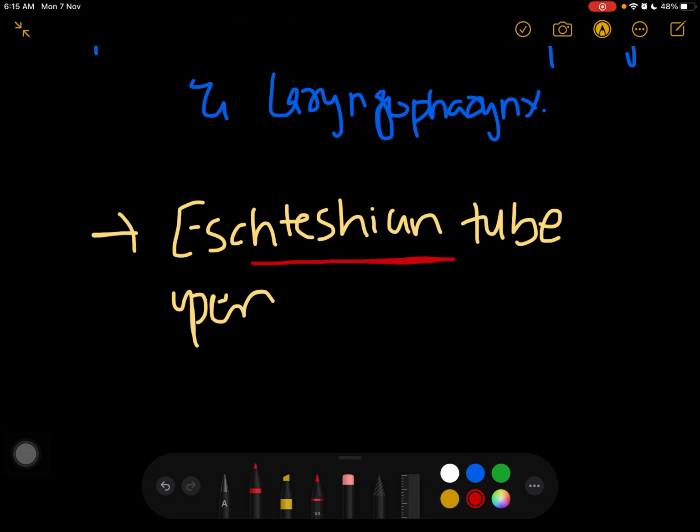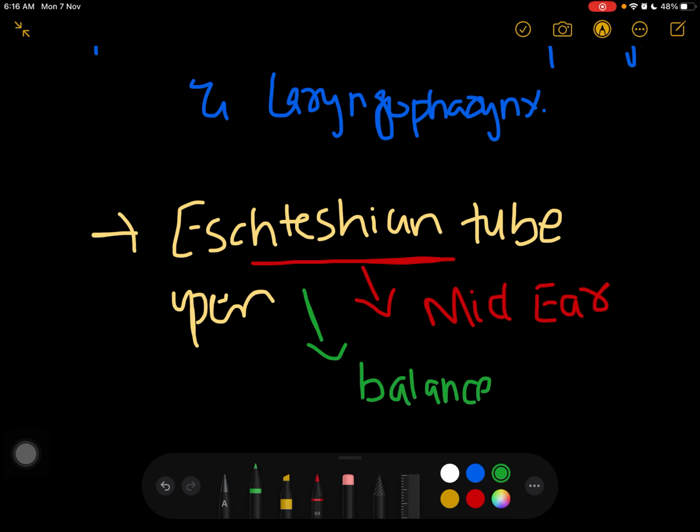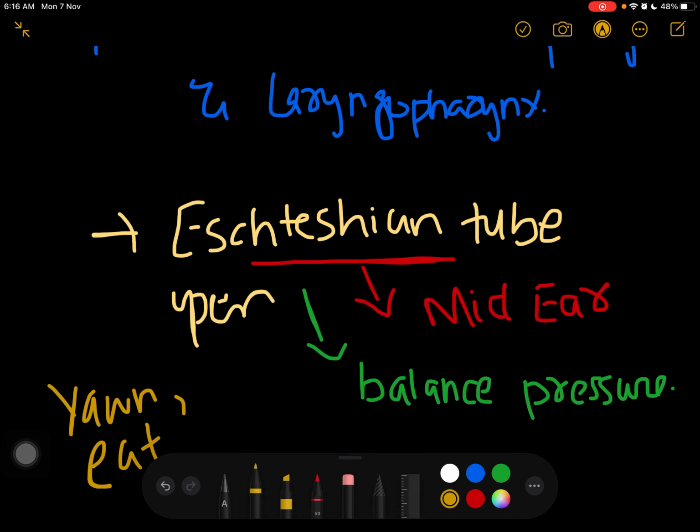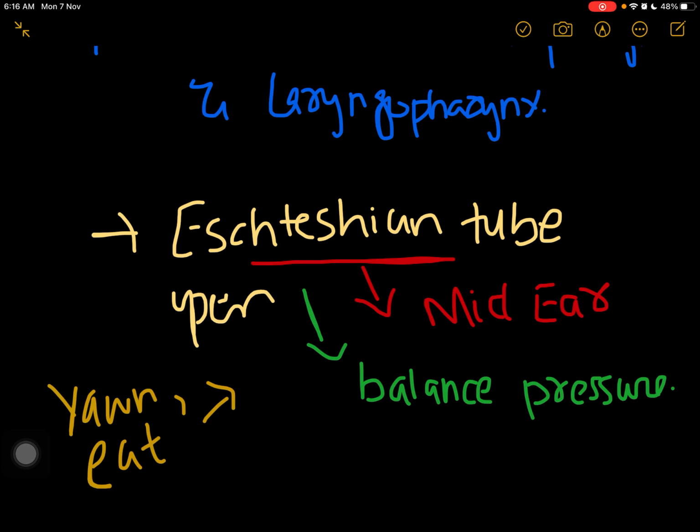It is a tube present in your middle ear, responsible for balancing pressure. When you yawn or eat something, this eustachian tube opens.